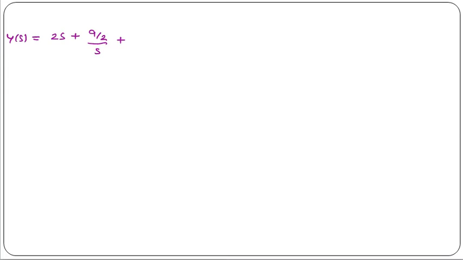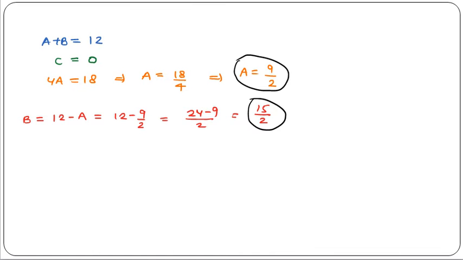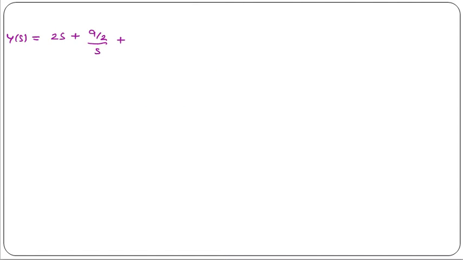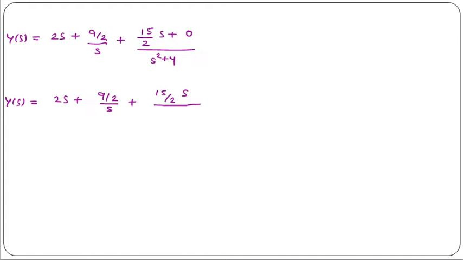Then we have bs plus c, where b is 15 by 2 and c is 0, divided by s square plus 4. So y of s will be equal to 2 into s plus 9 by 2 of s plus 15 by 2 of s divided by s square plus 4.